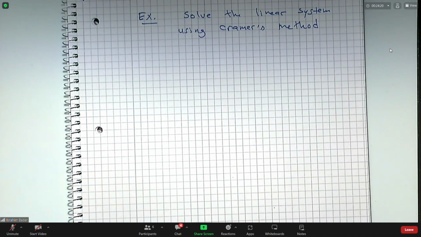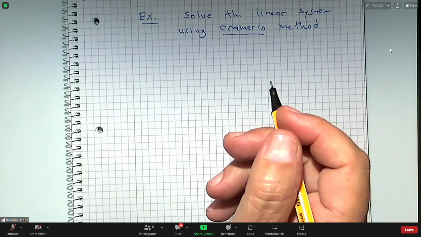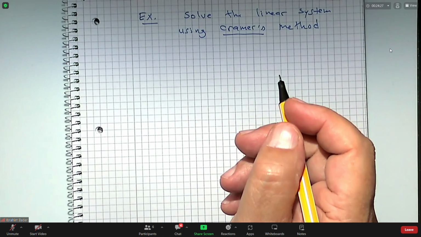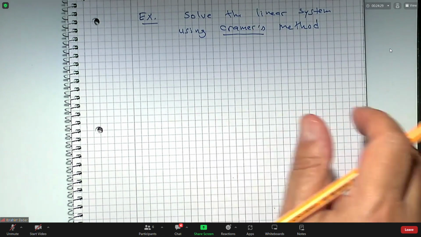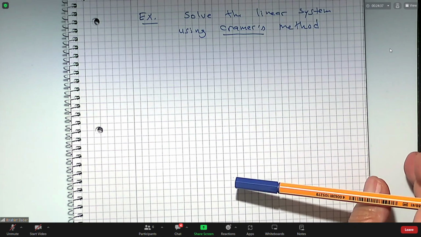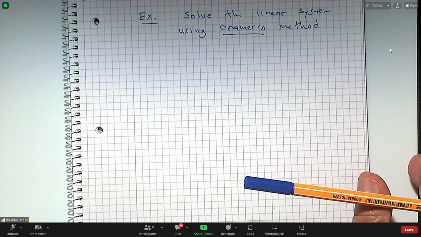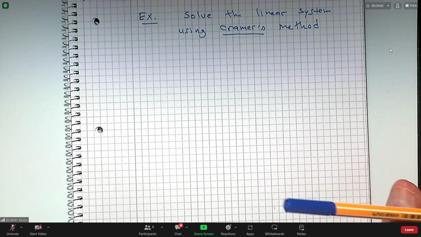So it specifies a method here. Obviously, if I get asked by students, do I have to use this method? In this case, you need to use it because it states to use this particular method.